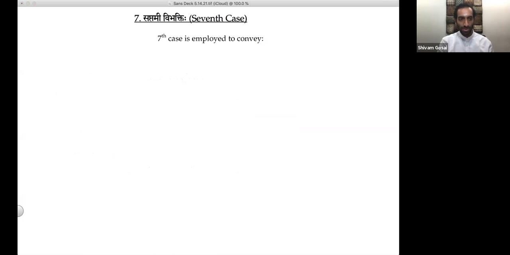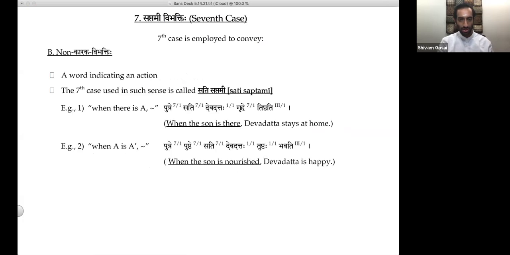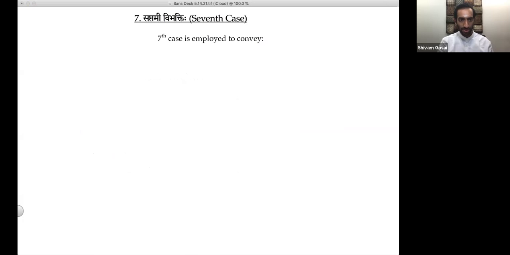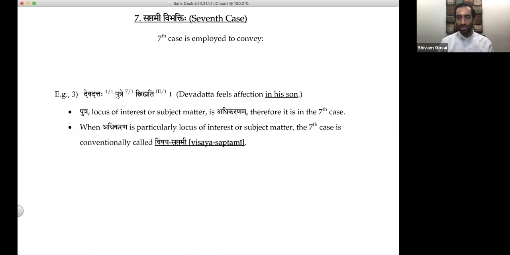Now there's one nuance to Vishaya Saptami. Remember that adhikaranam can be in terms of time, place, or subject matter. Now here it says Devadattaha putre snihati. Devadatta feels affection. Snihati means to feel affection.